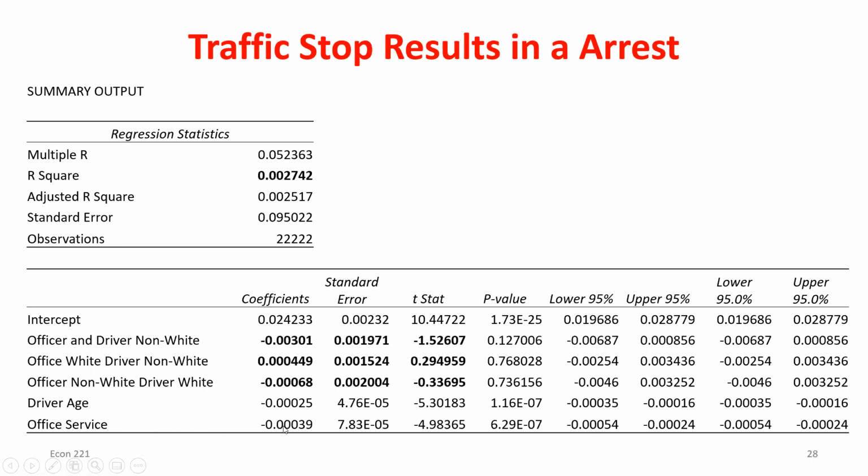But the probability that you get arrested from just a regular old traffic stop goes in the other direction with more years of service, right? So it's almost like they know they need to be issuing you tickets, but they're also not nearly as likely to freak out, go extreme and arrest you. So it's just kind of interesting how we interpret these coefficients in these different examples.